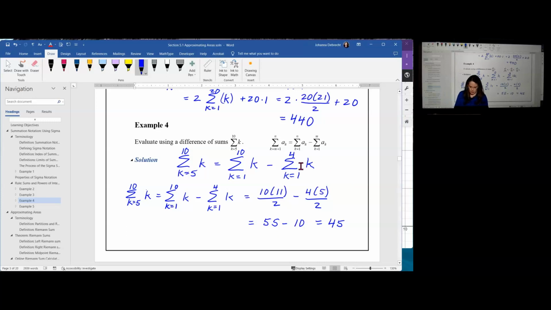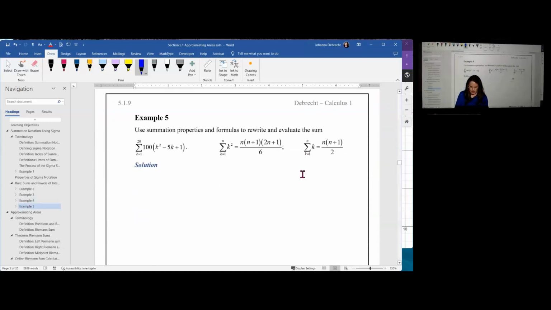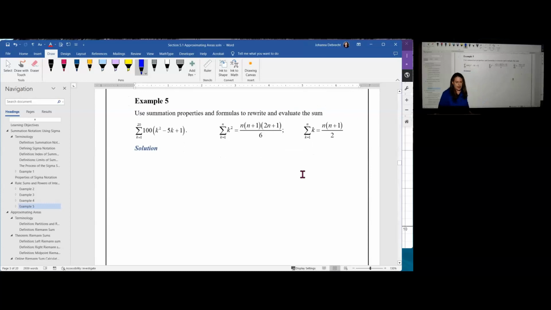Let's look at one more example, example 5. In example 5, you can see that we have the sum from 1 to 20 of the constant 100 times k squared minus 5k plus 1, all in parentheses. We can take the 100 out, and we can split it into the sum and difference of different sums.